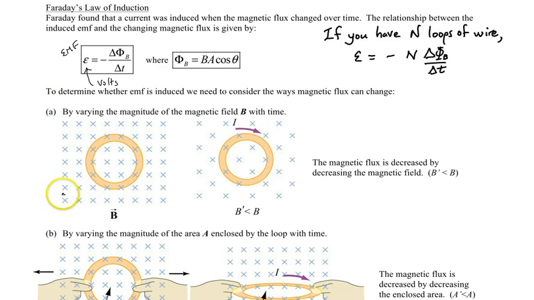As you can see in A, we have a magnetic field that is going into the page or into the screen, and we have a plane loop. And now you see fewer x's, which means the magnetic field is decreasing at a later point in time. This decrease in magnetic field, and hence magnetic flux, causes a current to be induced in this direction.